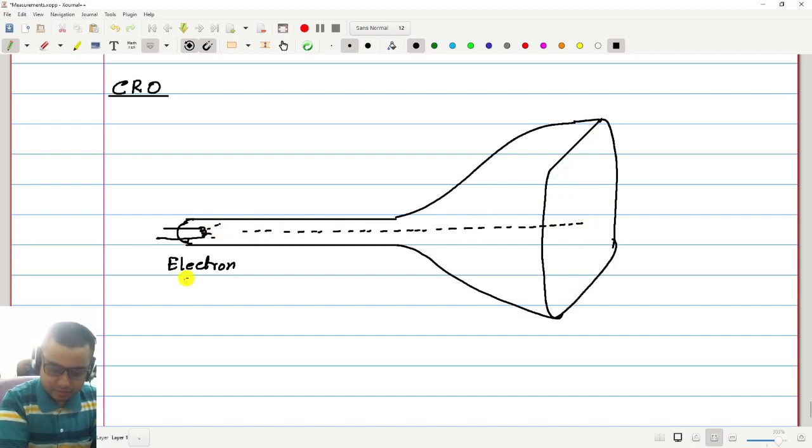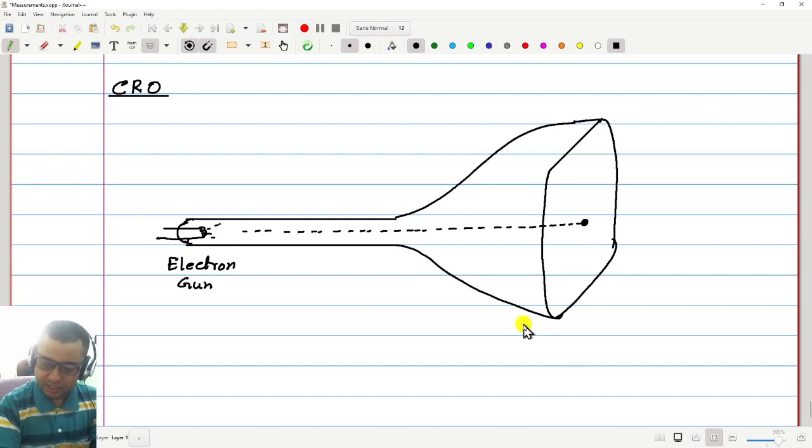So when this electron beam hits this other end of this tube, we will see a glow at that point wherever the electrons hit that screen.